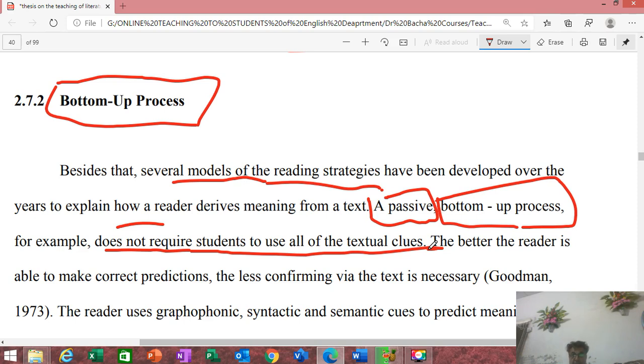All right. The better the reader is able to make correct predictions, the less confirming of the text is necessary. Initially, a good reader is to ignore. Nowadays, I have brought some changes in my reading skill, because if I stop and get stuck on every word, I'm already slow, and that would further slow down my reading speed.